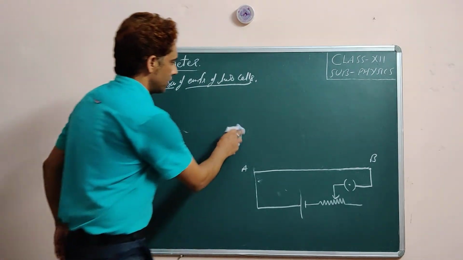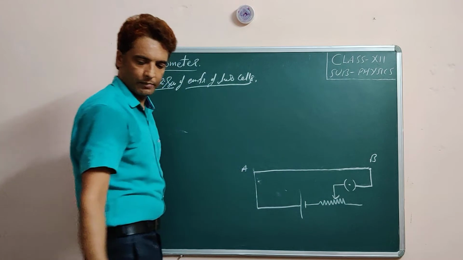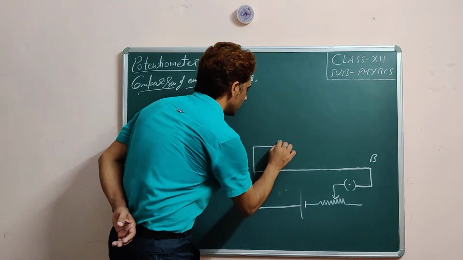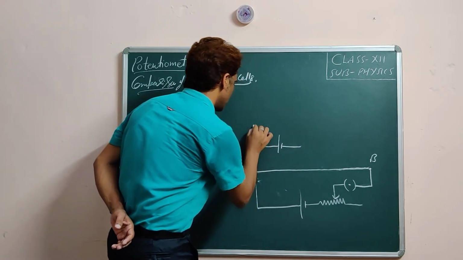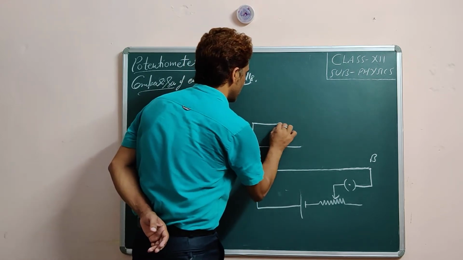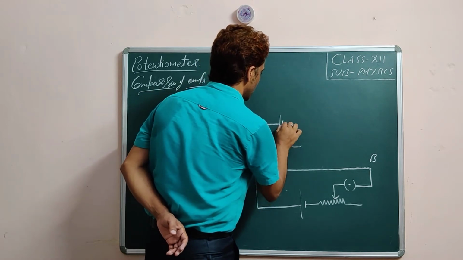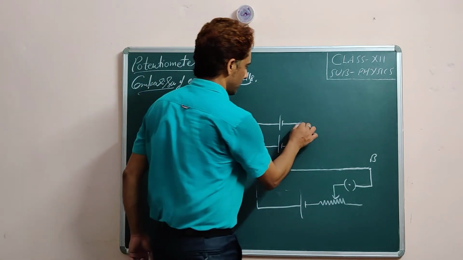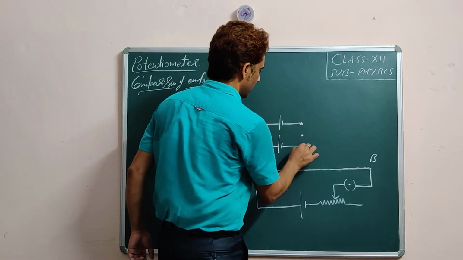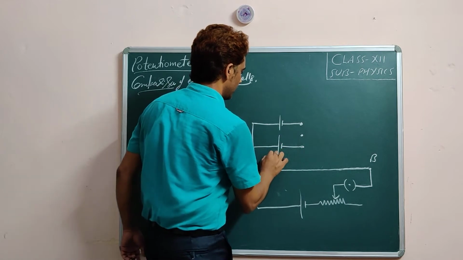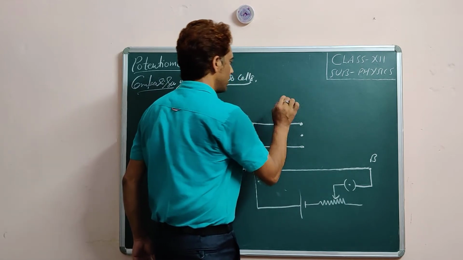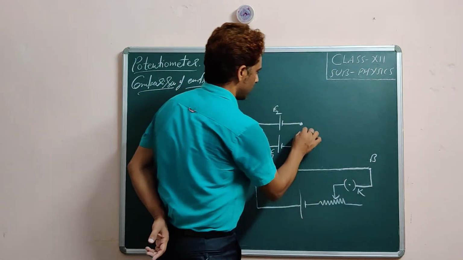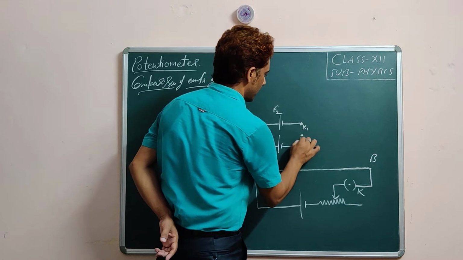I connect here two cells, let E1 and E2 be their EMFs. Let this key be K, and here I write K1 and K2.